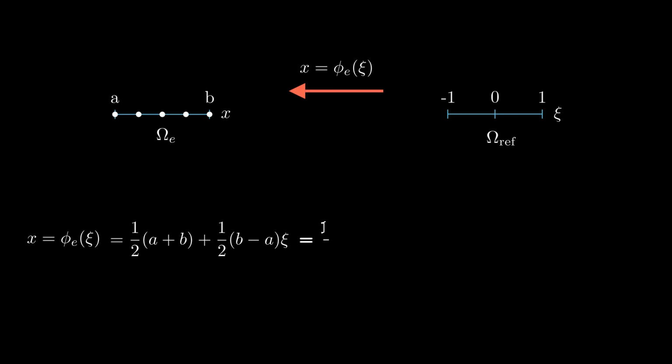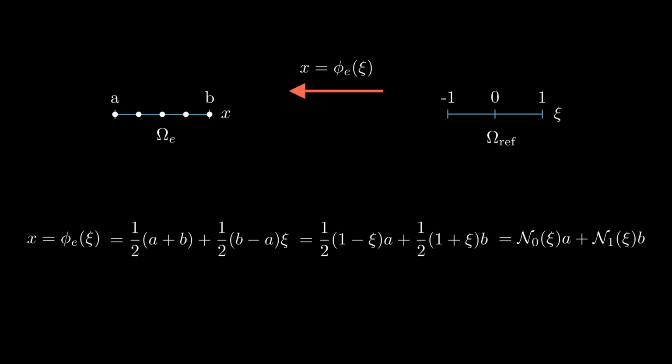If we rearrange the expression for the mapping phi e of xi, we observe that the mapping can be expressed as a linear combination of the shape functions on the reference element and the nodal positions a and b of the actual element. This means that we are using the same shape functions for defining the mapping phi e of xi as we are using for the finite element ansatz.